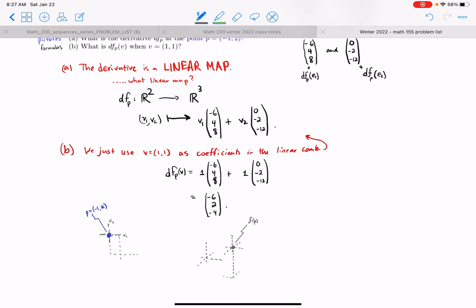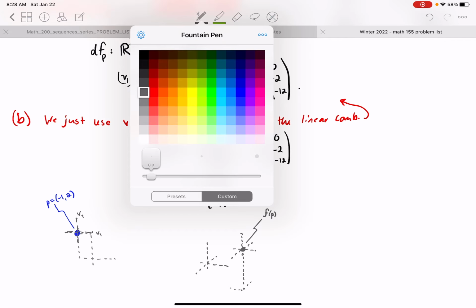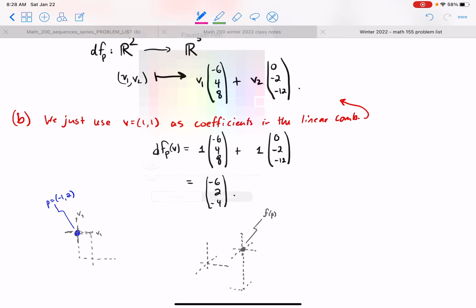So what happens here is, let's draw one of our favorite vectors. How about in pink? It's this vector, 1, 0. If I plug in a 1 here and a 0 here, I just get that first Jacobian column, the partial x1, the velocity of that first horizontal curve, right?